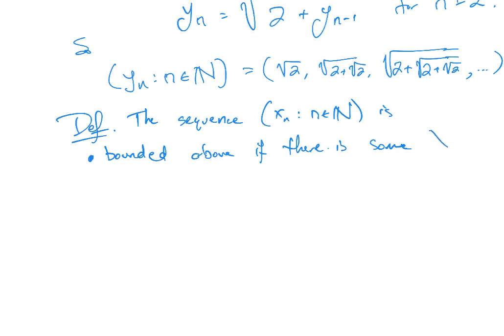Let's call it capital X in R such that xn is less than or equal to capital X for all indices, little n.